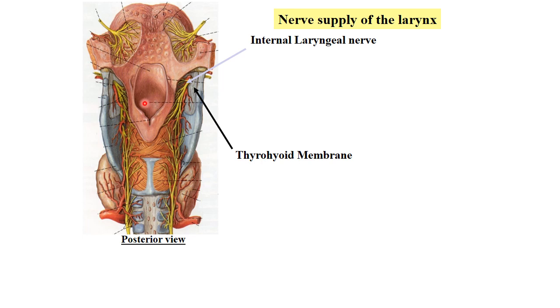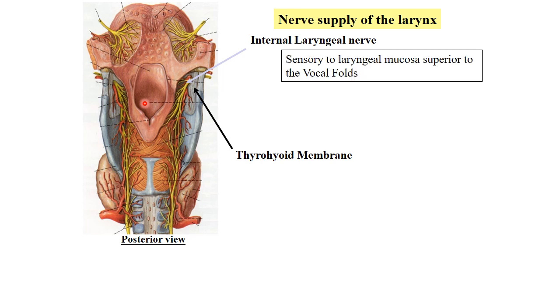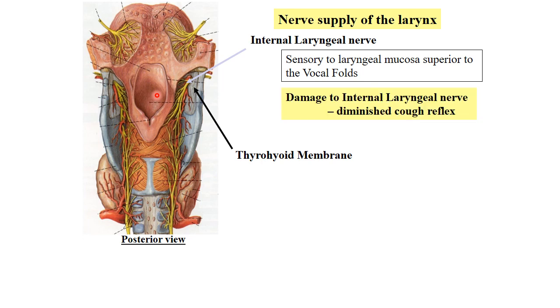And so it's going to be the afferent limb of the cough reflex. Okay, so it's sensory to all the laryngeal mucosa superior to the vocal folds, which would be right about here. All this mucosa right here, sensory innervation of that mucosa is the internal laryngeal nerve. Okay, so damage the internal laryngeal nerve.